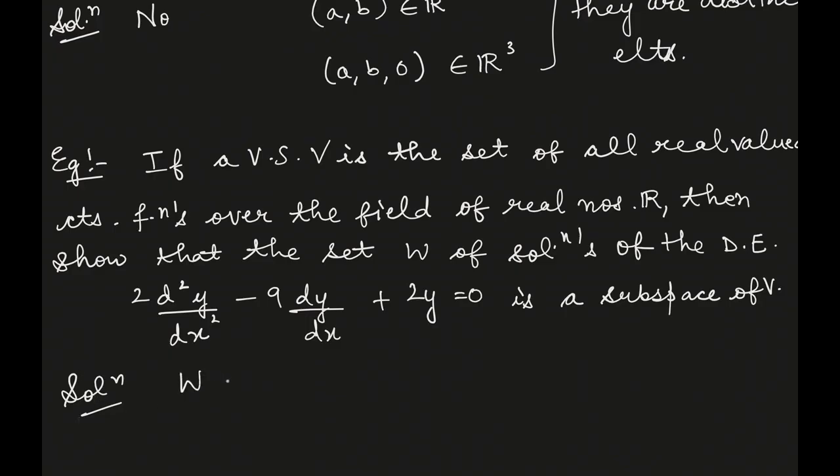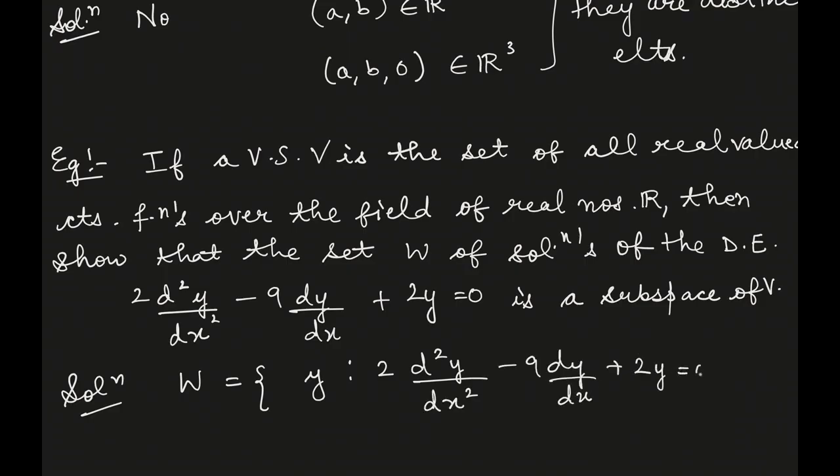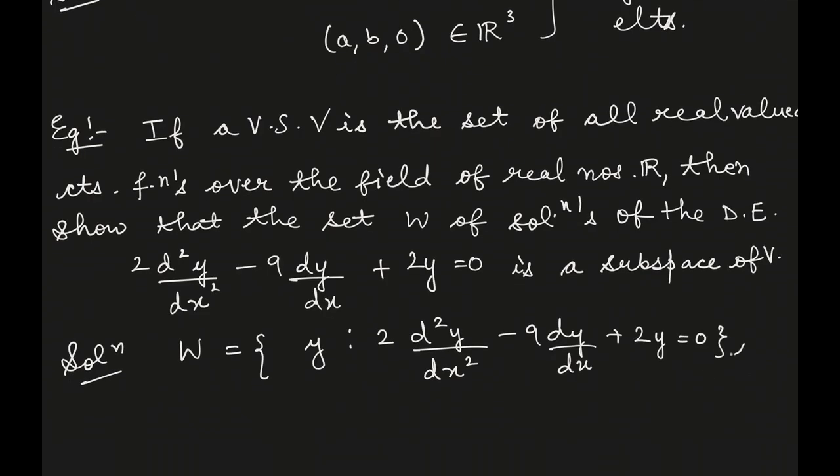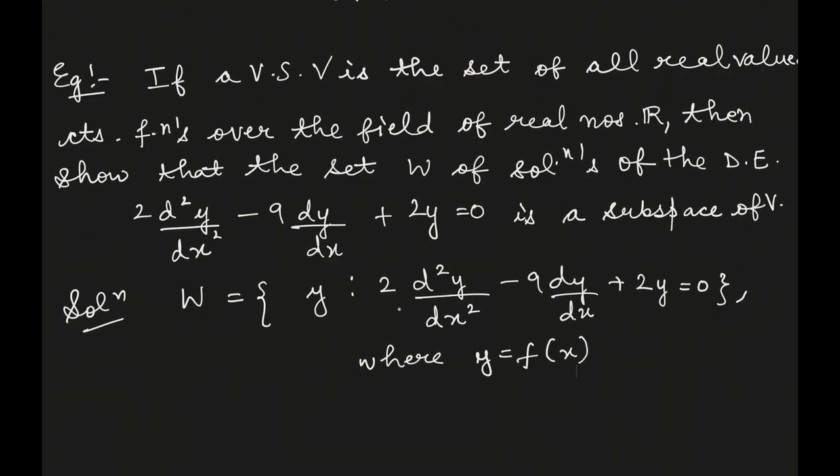Now here W is the set of y such that 2 d square y upon dx square minus 9 dy upon dx plus 2y is equal to 0, where y is f of x, because W is a set of solutions of this differential equation.